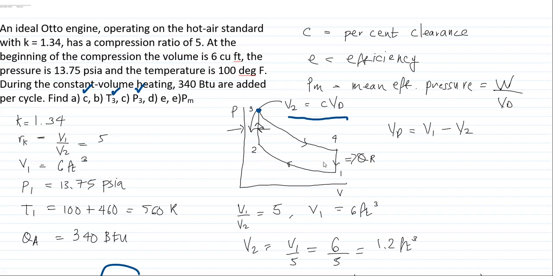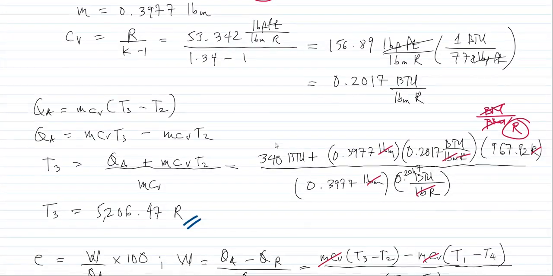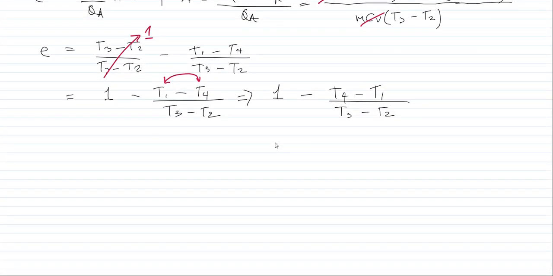From point 1 to point 2 is isentropic compression, and from point 3 to point 4 is isentropic expansion. So both are isentropic processes. Why is it important to emphasize that? Because we will use the isentropic process formulas to simplify this matter.